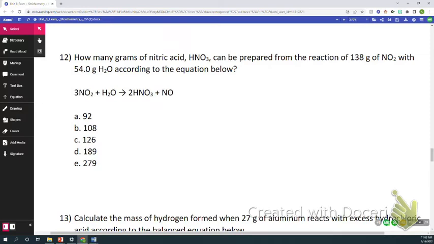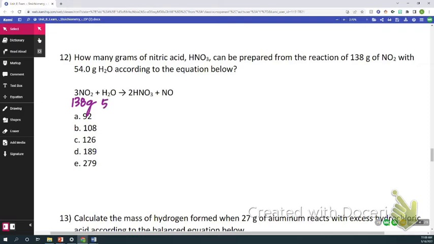Now, here we go. Number 12. This is one of those things where it's a limiting reactant problem. They're going to give you grams of two things. What do you have to do? So read the problem carefully. They said you have 138 grams of this.